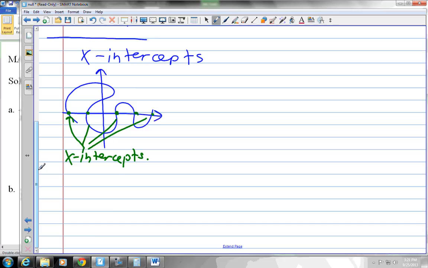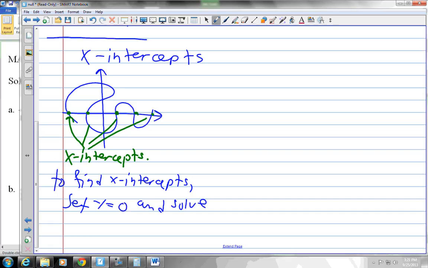That's the idea. So to find x-intercepts, set y equal to 0 and solve for x.